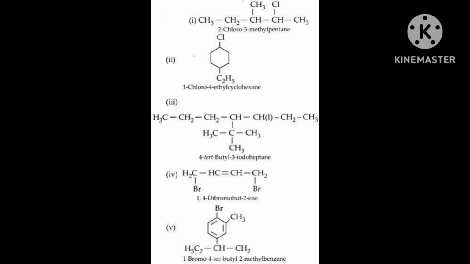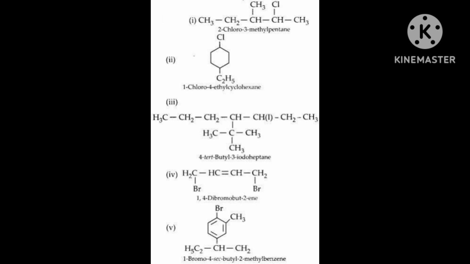Suppose it breaks. Generally, this type of bond breaks in the presence of sunlight or UV light. Then the shared electron will be taken by both carbons, one each. Both methyl groups will take one electron each, and it will create two methyl radicals.